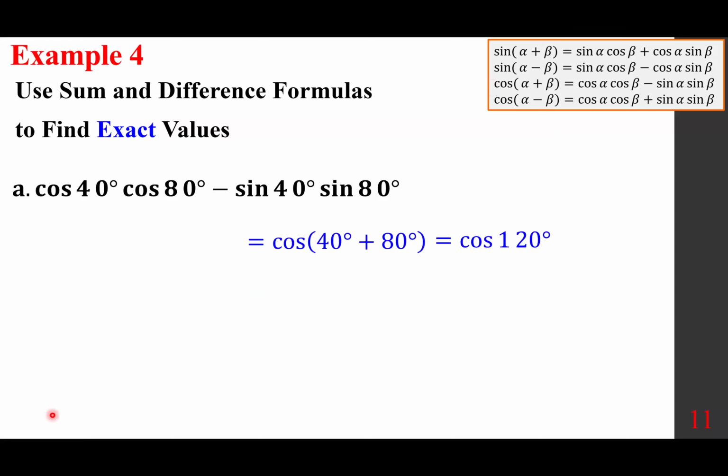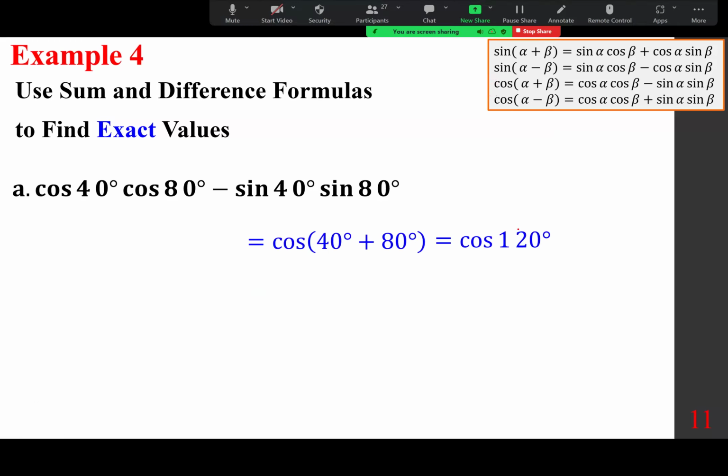Again, let's discuss the reference arc. The reference arc is 60 degrees. You can say 180 minus 120, that gives you 60 degrees. So it's the same value as cosine of 60 degrees. However, in quadrant 2, cosine is negative. So cosine of 60 degrees is 1/2, but for 120 degrees it becomes negative. That's all.